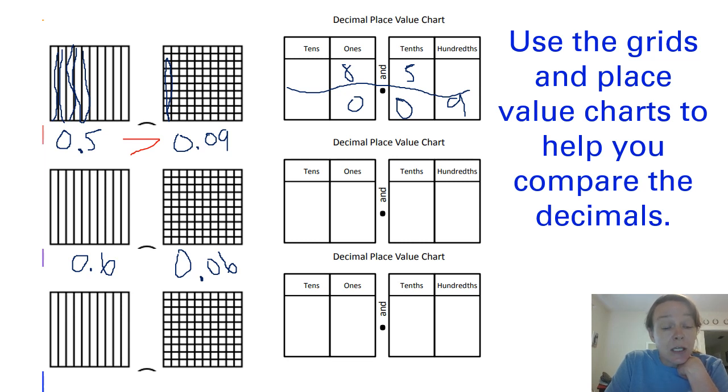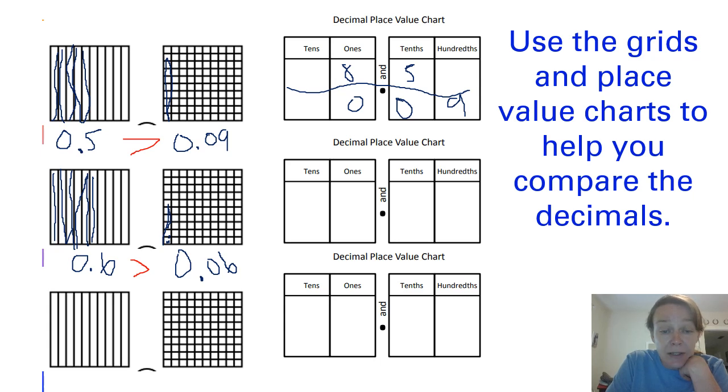I'm pausing to let you try to think of what the answer should be. Okay? I hope you're imagining this one should have 6 columns shaded because it's 6 tenths. Okay, this one is 6 hundredths, which means that it only has 6 individual squares shaded. Which one is larger? I hope you're seeing 6 tenths is larger.